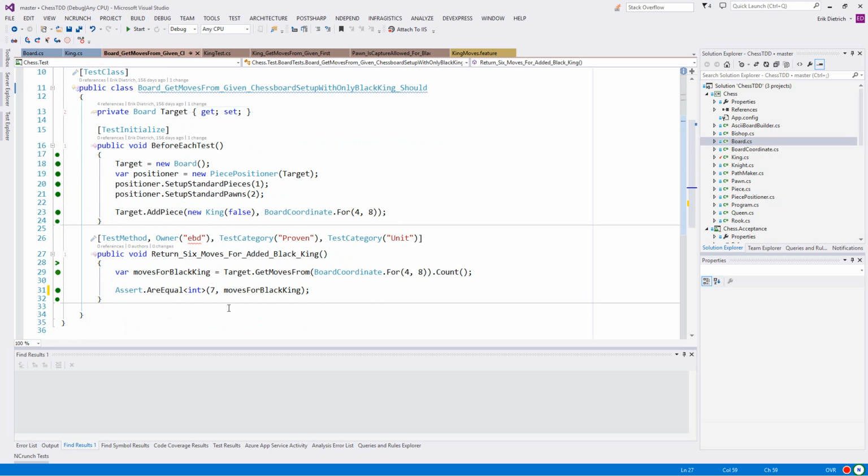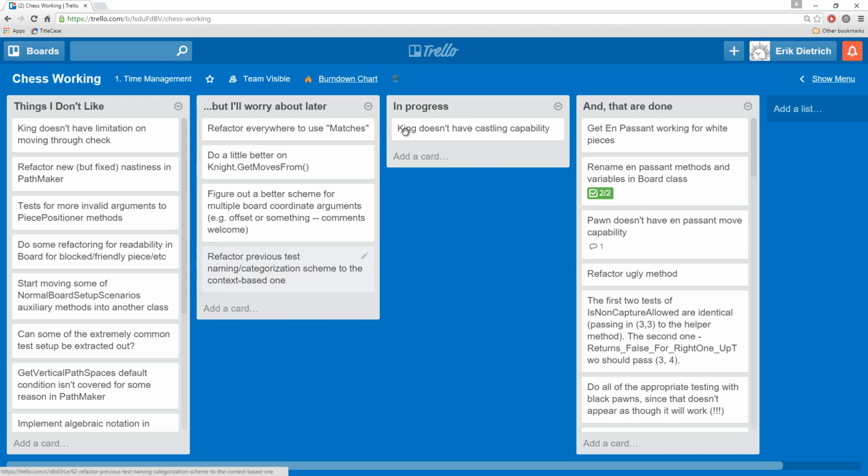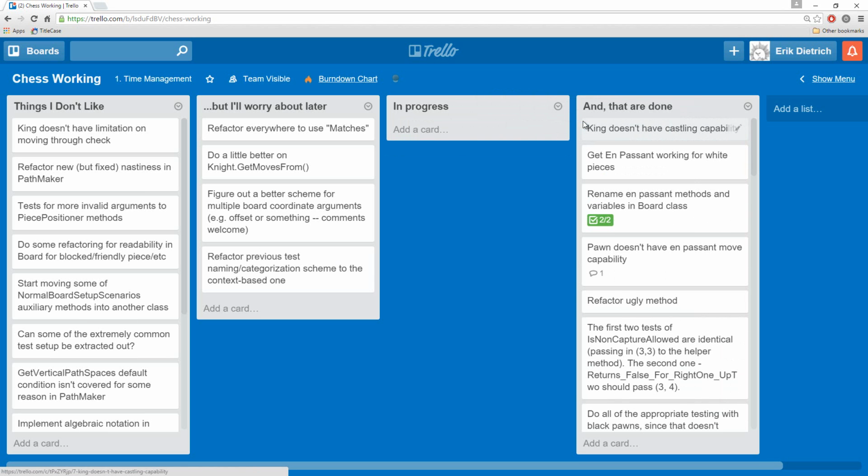Maybe it was to stub out for this scenario later where I'm going to be having this move, but I saw two very similar tests in two different classes, so I was toying with the idea of actually deleting this whole test class and reasoning that it's just not adding a lot of value. The thing that wound up swaying me not to do it was that one was a test of board and the other one was a test of king, so I left it.